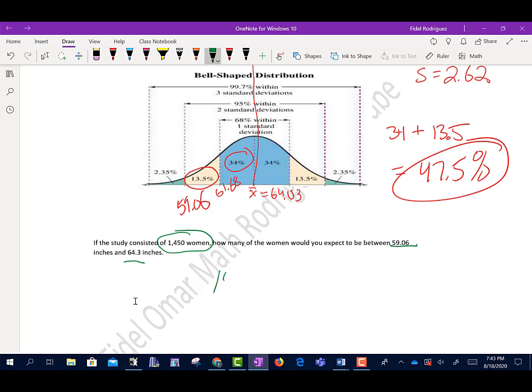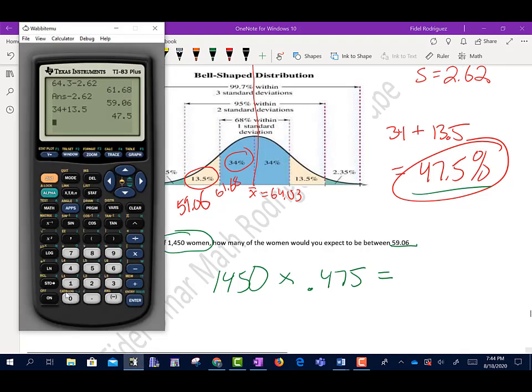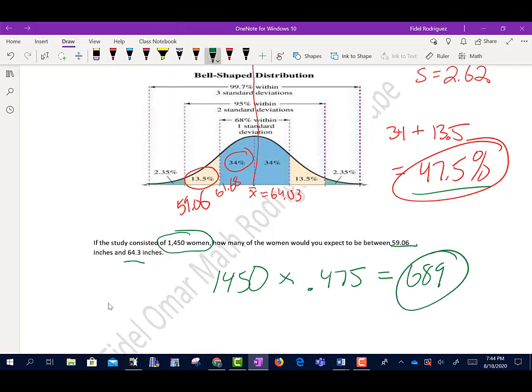Remember, we have a total of 1,450, and we're going to find 47.5% of that, so 0.475 as a decimal. 1,450 times 0.475 equals. Because it's asking how many women, I can't have a fraction of a woman, so I'm going to say about 689 women would be in this group.